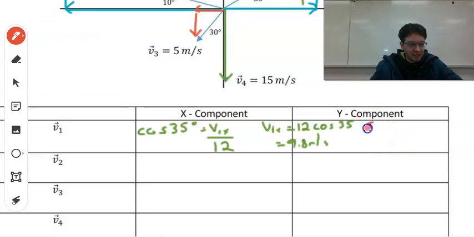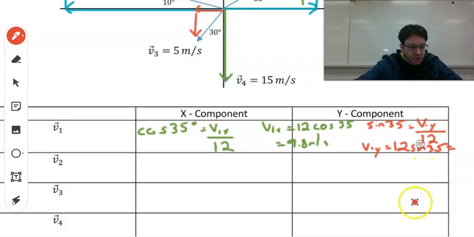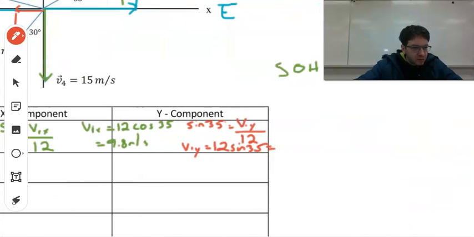So the sine of 35 equals our vertical component, I'll write it V1y, over the hypotenuse 12. So rearranging, multiply both sides by 12, we get V1y, our vertical component, is 12 sine 35, which equals 6.9.